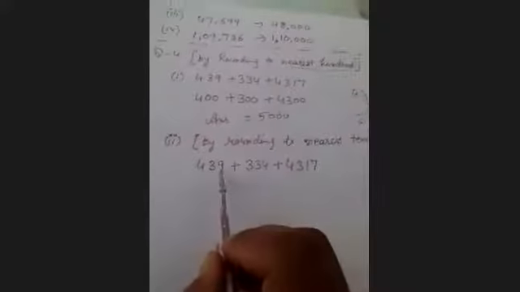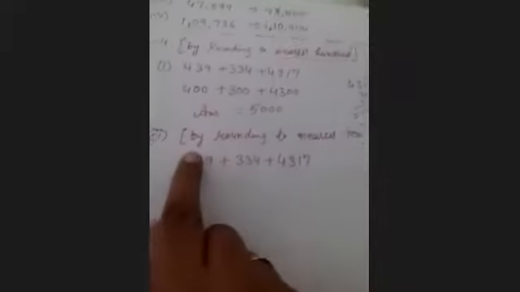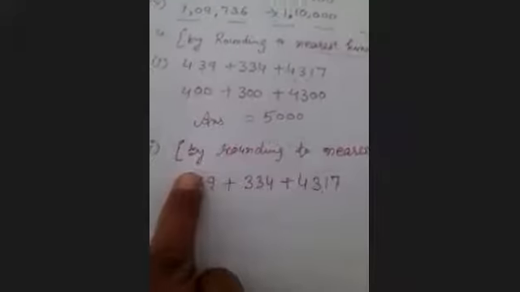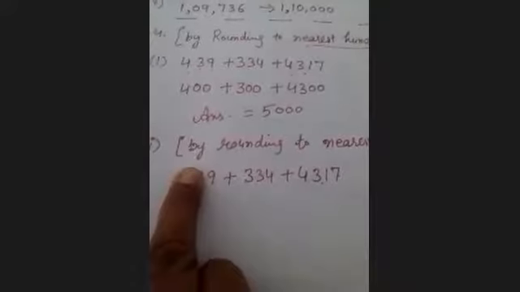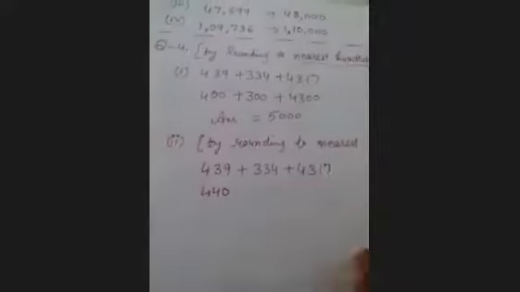Now ones, tens. Put your finger on the tens place value and observe the next number. Our next number is 9, so the nearest value will be 440. Next number, ones, tens.